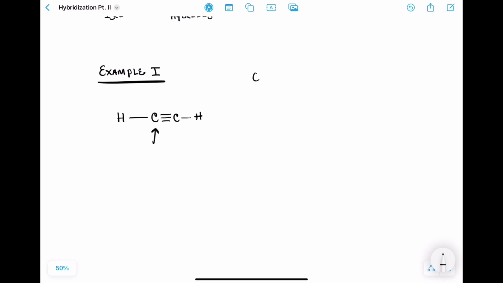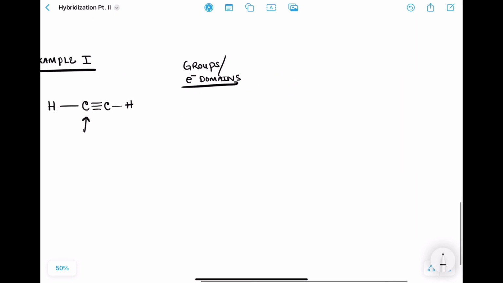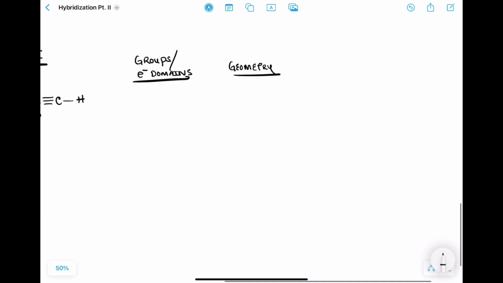Let me go ahead and create a table. So groups or electron domains, and then we look at the geometry. And then lastly, we look at the bond angles and the hybridization.